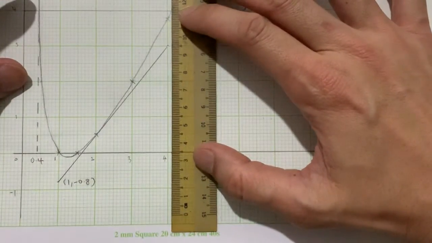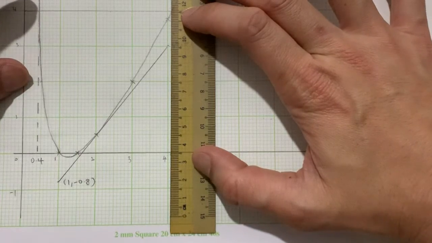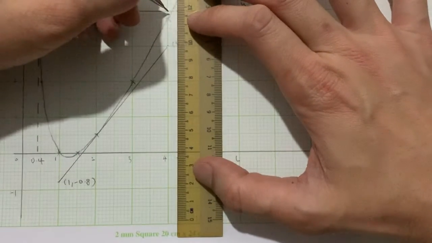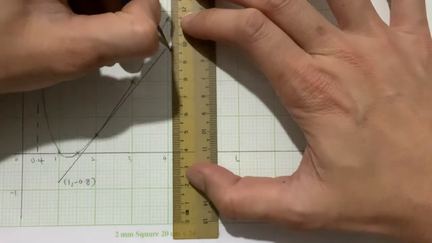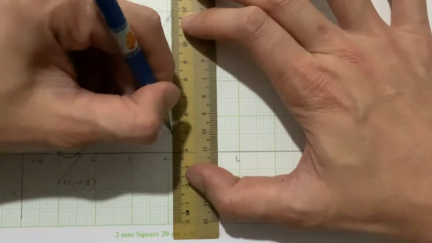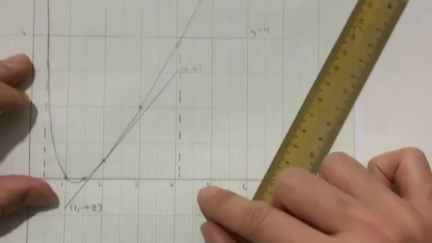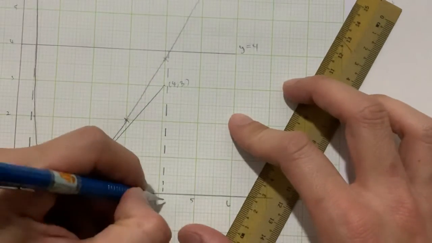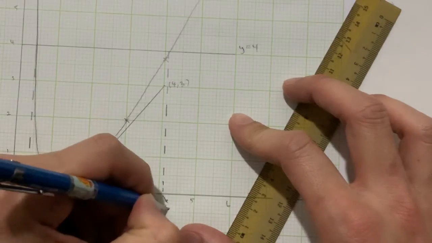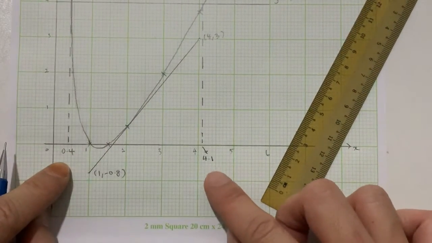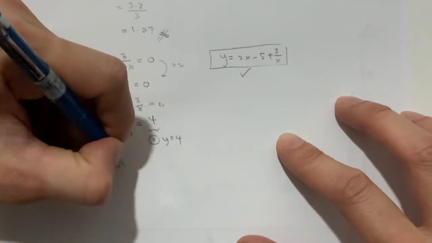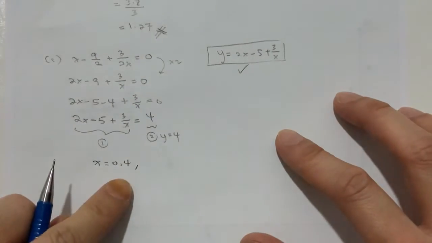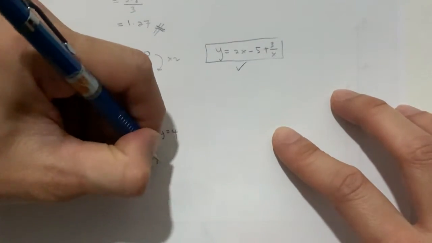And the next intersection point here is somewhere here, so I'm going to drop it down, and I have another solution, which is 4.1. So these are the two answers, 0.4 and 4.1. So at the back of the page here, the answers will be x equals 0.4, comma, or 4.1. So two answers.